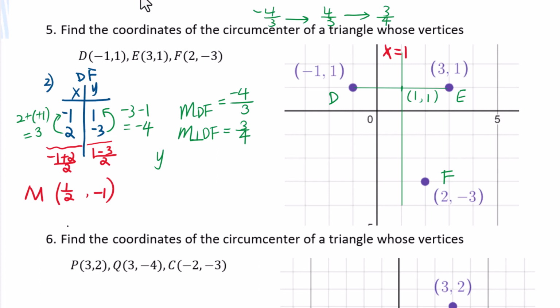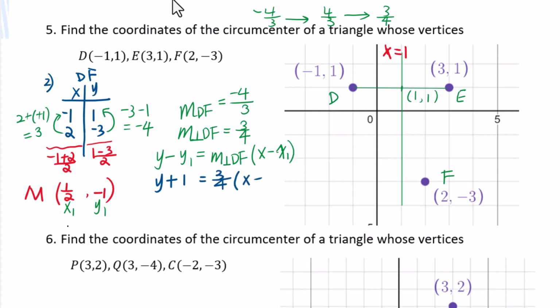Equation of the perpendicular bisector of DF: y minus y1, this is x1, y1, equals slope of perpendicular bisector of DF times x minus x1. y plus 1 equals 3 over 4 times x minus 1/2.